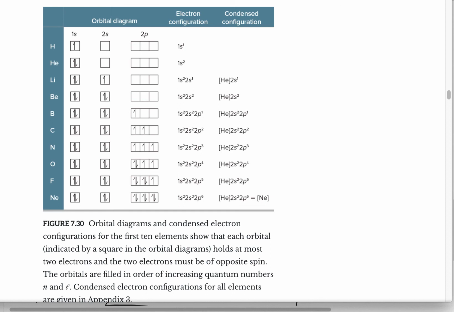The important thing that I want you to learn about the electron configurations is more about how many electrons are paired or unpaired in that highest level.